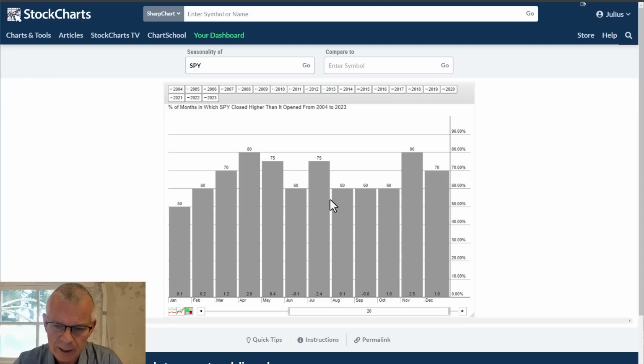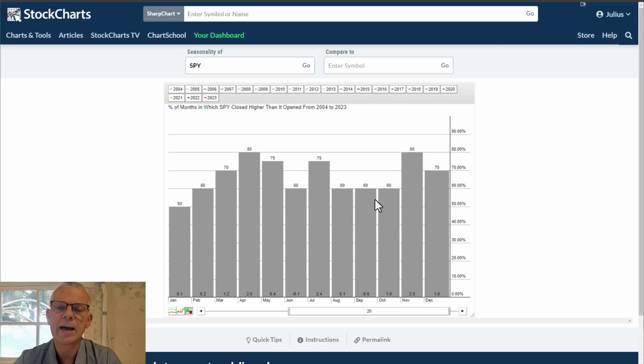What's up ahead of us is a pretty flat period, at least from a seasonality point of view, with an expected or average return of 0.1 in August, minus 0.6 in September, and then 1% up in October. So it's been all over the place over the last 20 years.